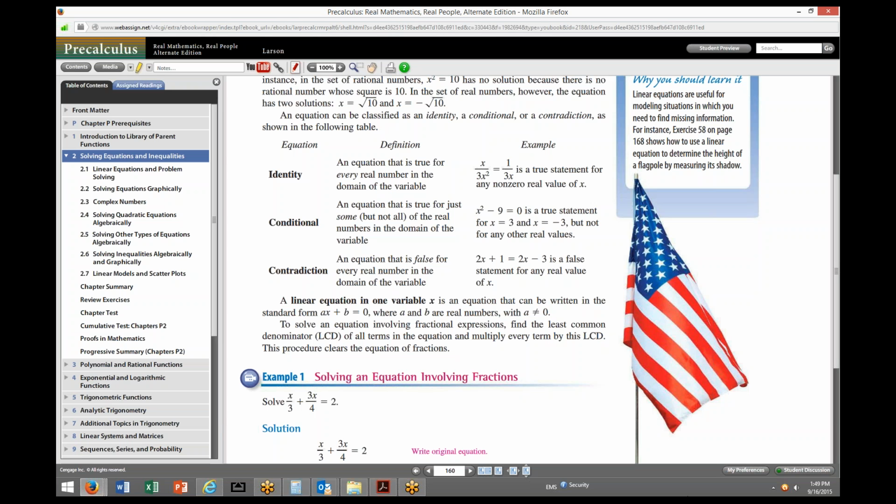All right, so like I said, throughout this chapter we're going to be dealing with what we call conditional equations that do have solutions, a limited number of solutions, but they do have solutions.